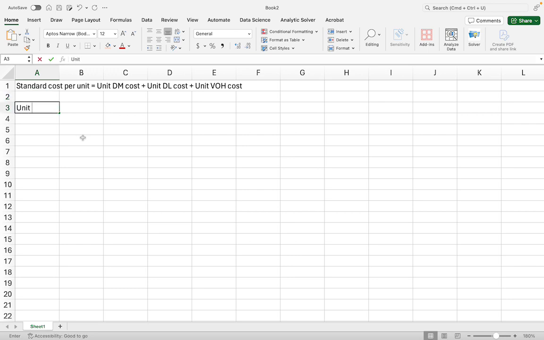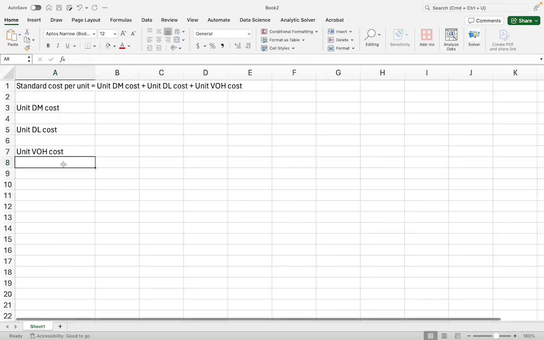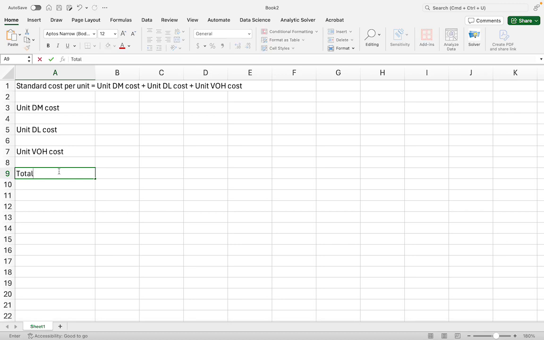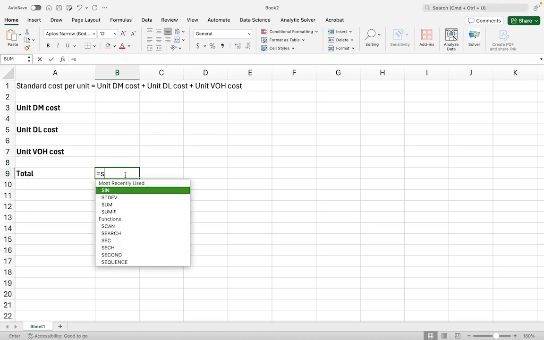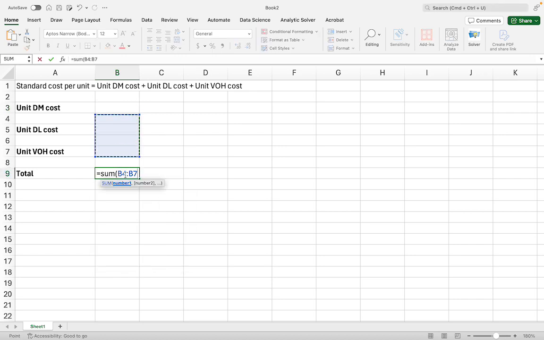So I need to have a unit direct material cost here, and then a unit direct labor cost here, and then a unit variable overhead cost here, and then we'll just have the total here. And so we'll just put those in as we go, and then we'll add them up when we get to the end here.